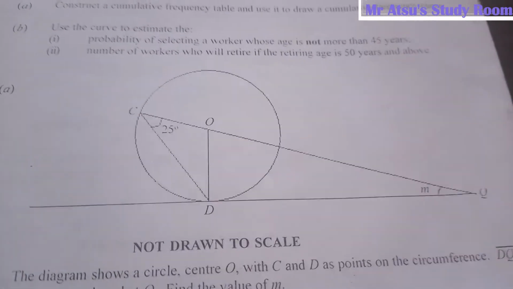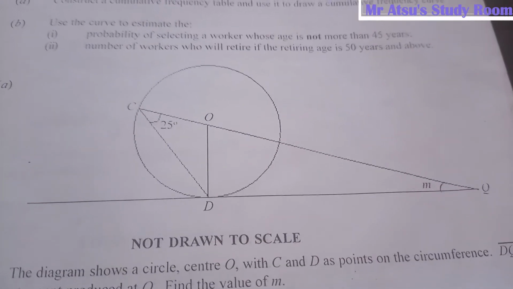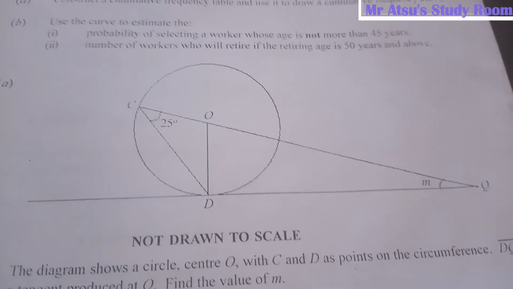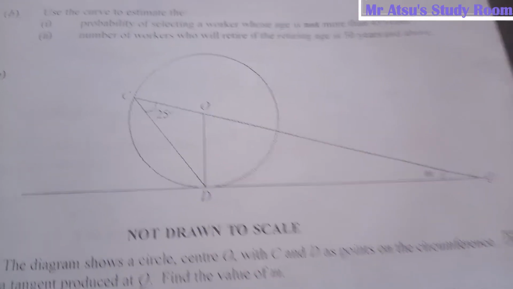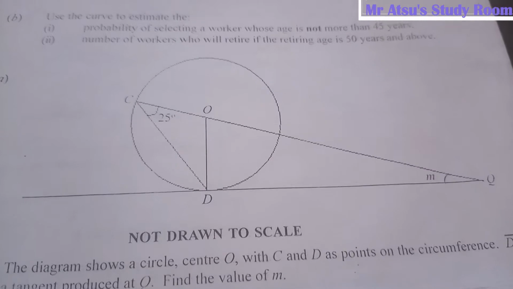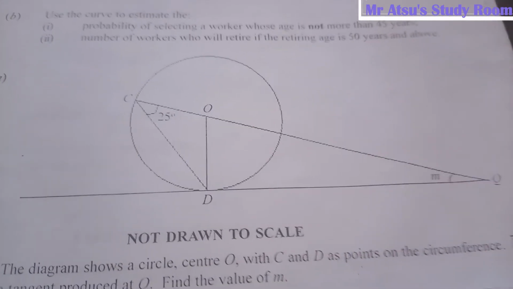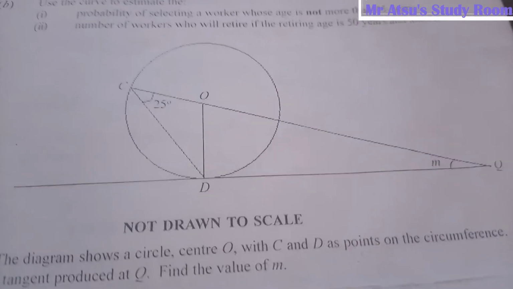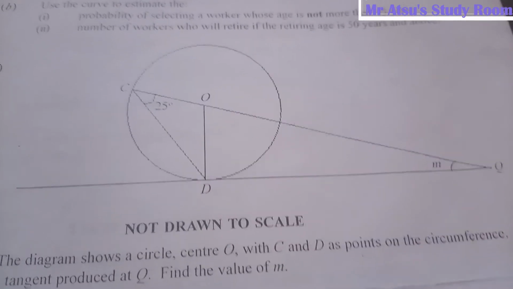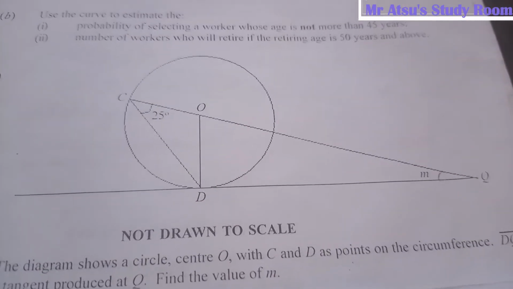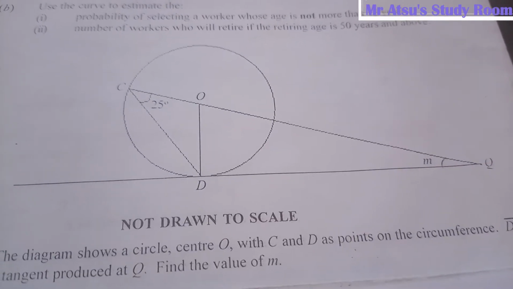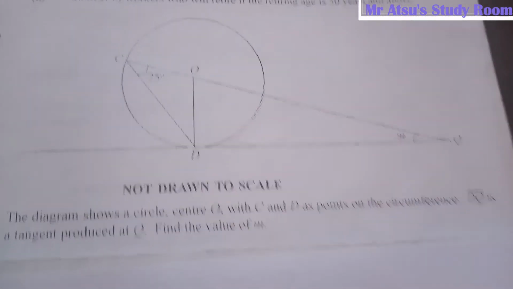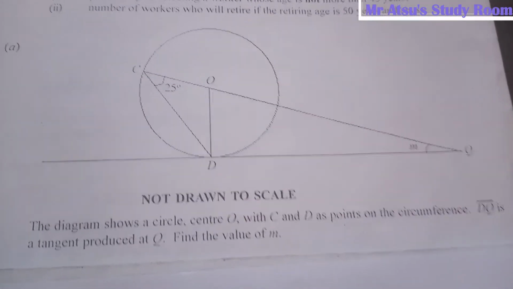Taking triangle QOD, angle QOD plus angle ODQ plus angle DQO should give us 180 degrees, because that is the sum of interior angles of a triangle.